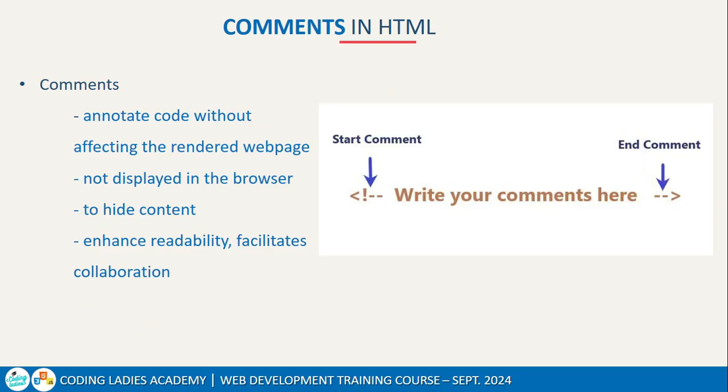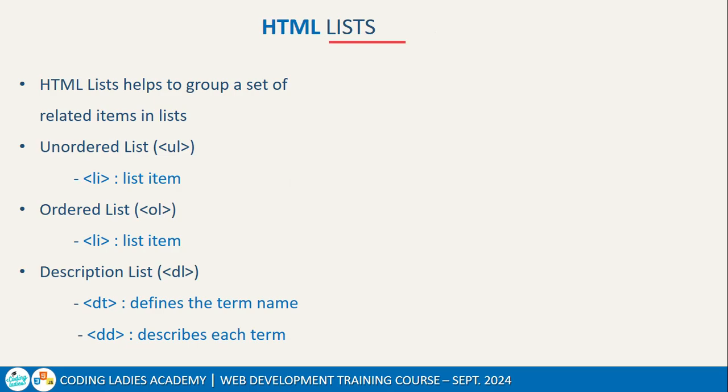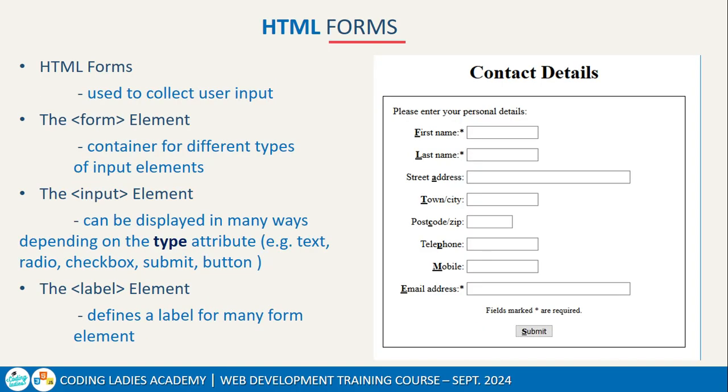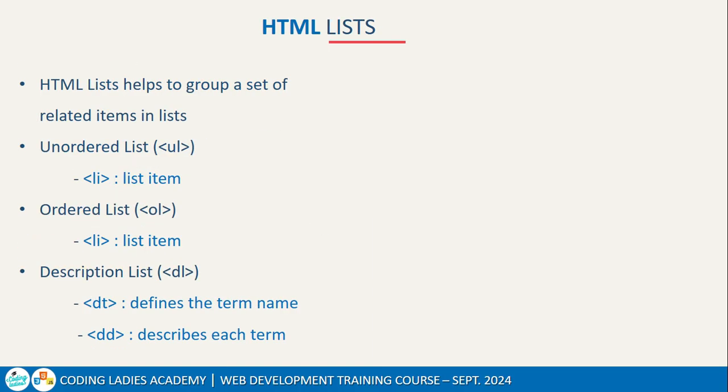Then we went through HTML lists, where we went through the ordered list and description list. All right, so this is where we got to. So please, if you have any question or clarification or something, let us know so that we can go through it together. Then we continue with what we have today.